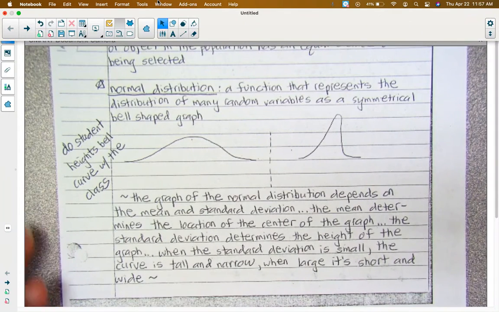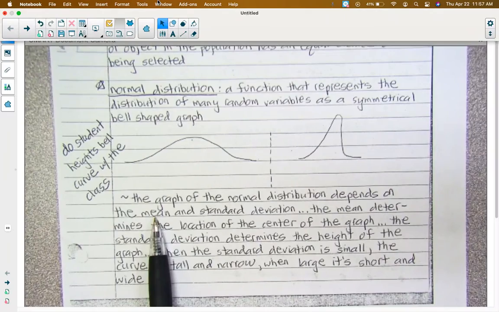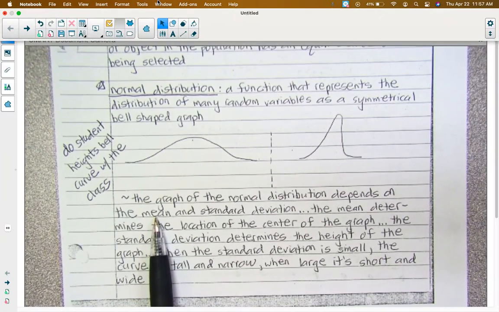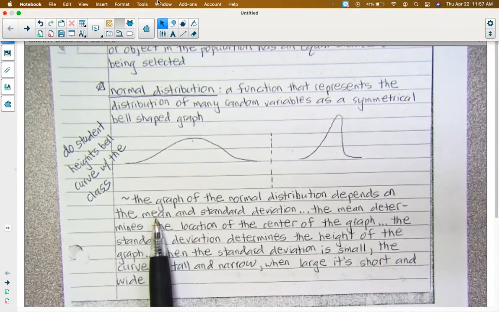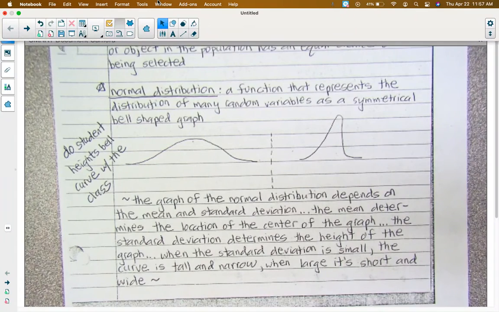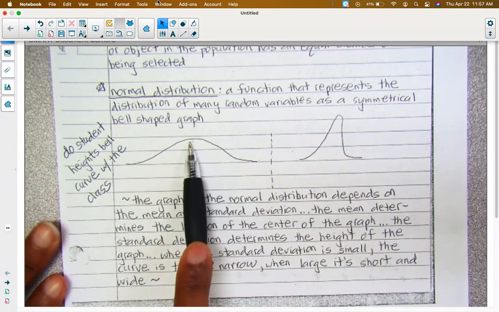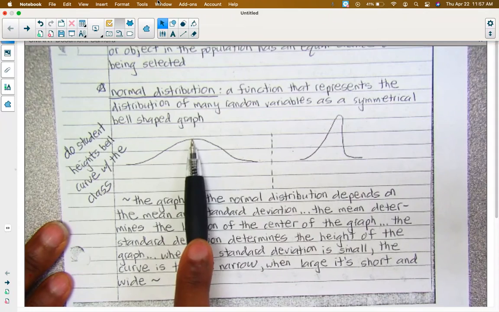The graph of the normal distribution depends on the mean and the standard deviation. Mean is the average. I normally do average heights in class. We can do arm length, we can do just some different things. You can take data, add it together, and find the average. Your average is going to be in the middle of your bell-shaped curve.